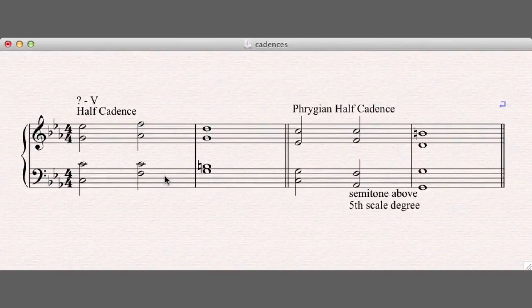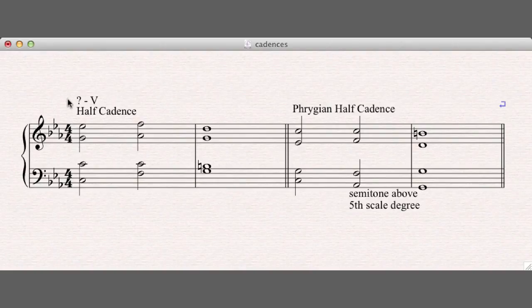It could be a number of things. It could be 2 diminished going to 5. But when we get to the end of the phrase, the last chord that we hear is a 5 chord. And this is going to feel like we're not done. We need at least another phrase, or at least another chord, to end the piece.